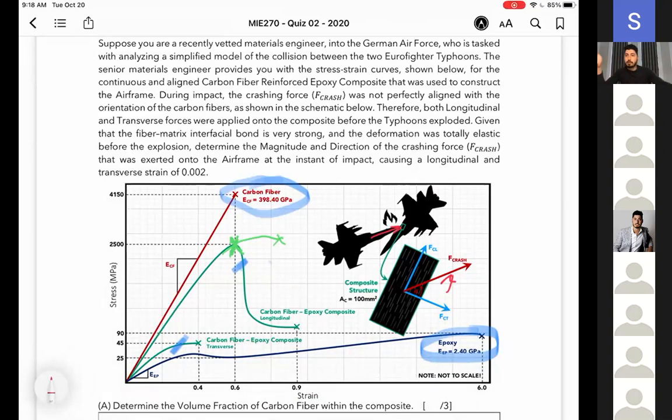However, we know we can never do that. There's never a perfectly aligned composite. You may have the majority of them aligned, but some are still in opposite directions, so it may actually increase past this point or significantly before this point. But in a theoretical aspect, we define this point here as the onset of failure. All right, I hope that's clear.